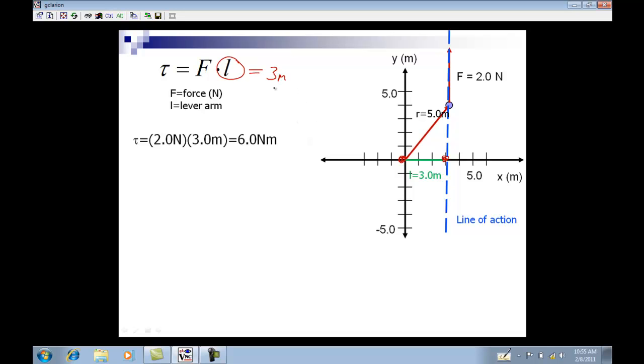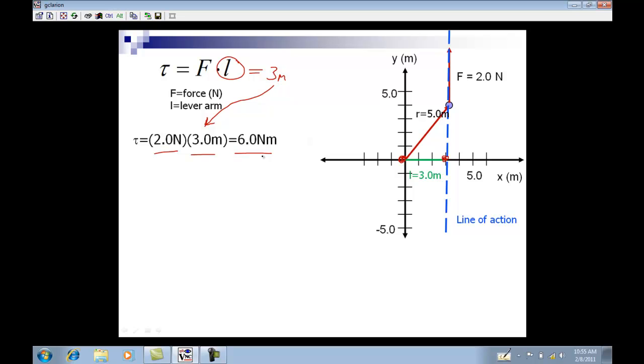So I plug that into my equation. The force is 2 newtons, so it's simply 2 times 3, and that gives us a torque of 6 Newton meters. You guys remember that? That's the old way I gave you of solving that.